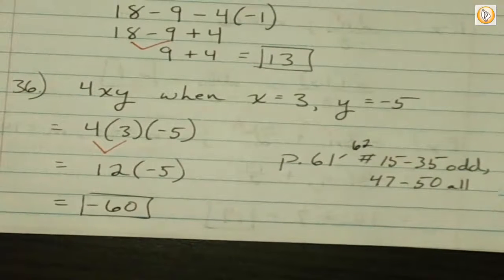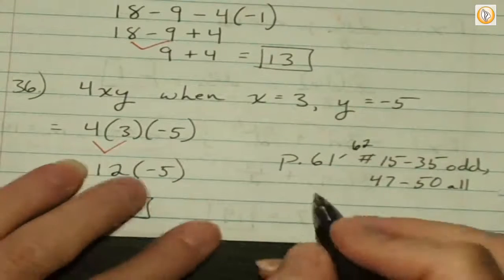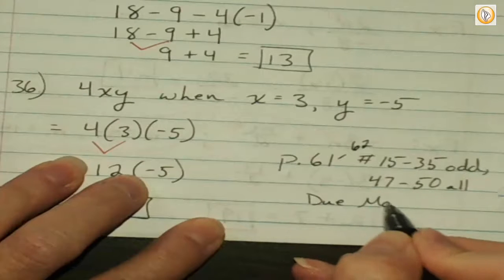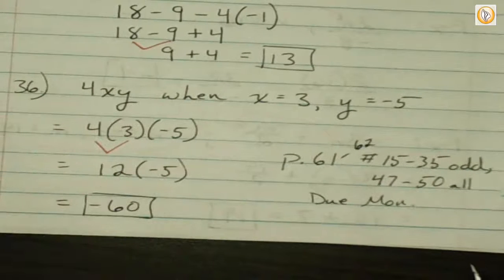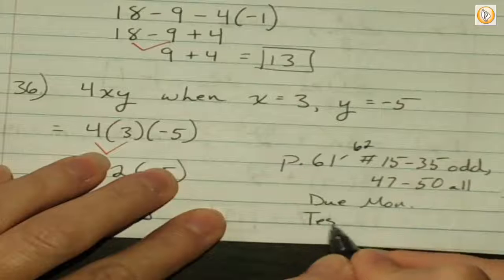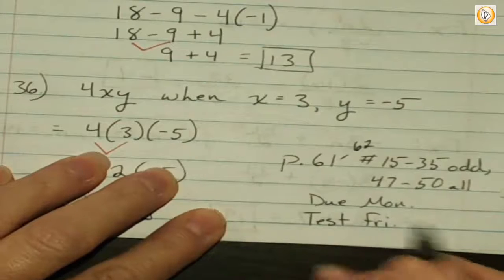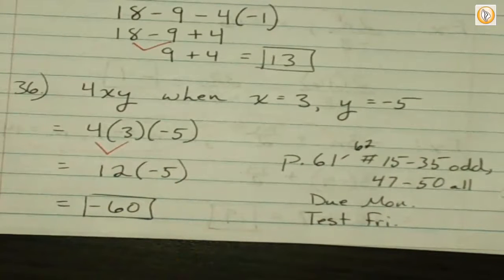So that's a total of 15 problems. This is due Monday. You do not have a quiz on this chapter. Your test is Friday, just on chapter 2. So what we're doing, this kind of stuff, yes.